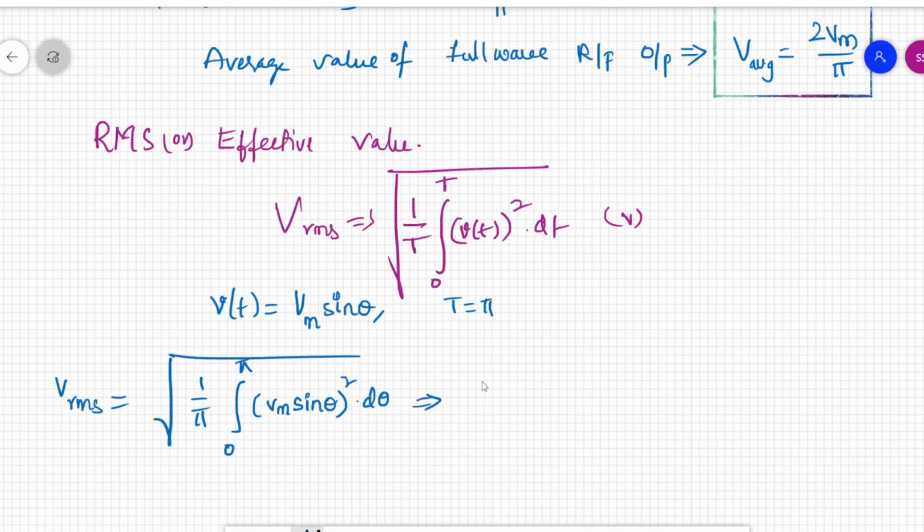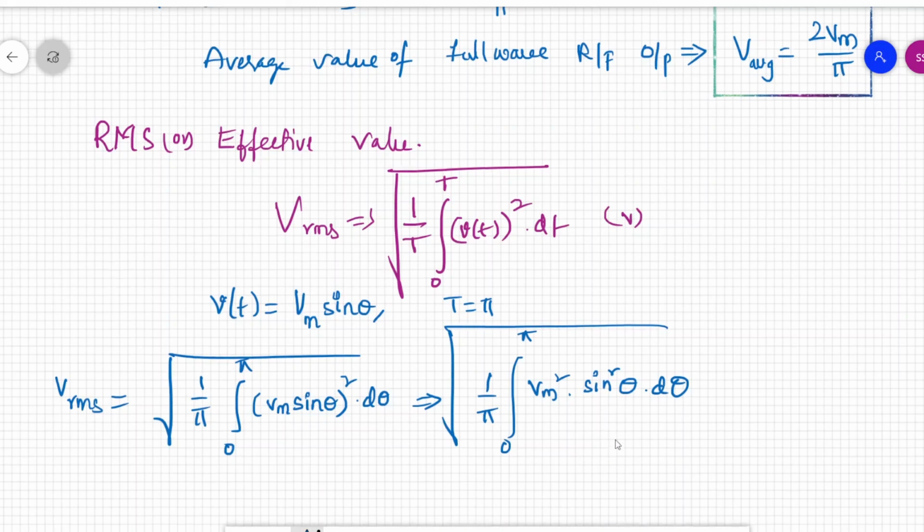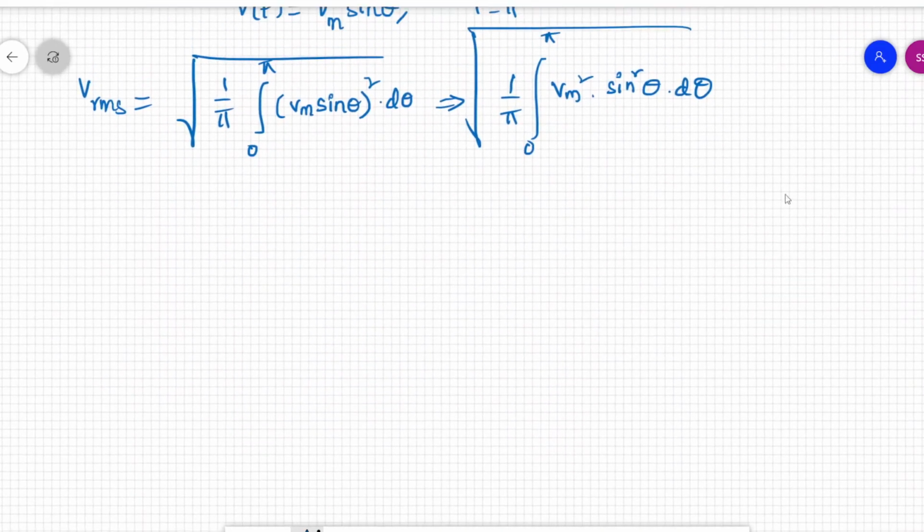Okay, so that will be 1 by pi Vm square sin square theta d theta on the root. So we have to resolve that sin square theta. So I'm writing sin square theta equal to 1 minus cos 2 theta by 2.